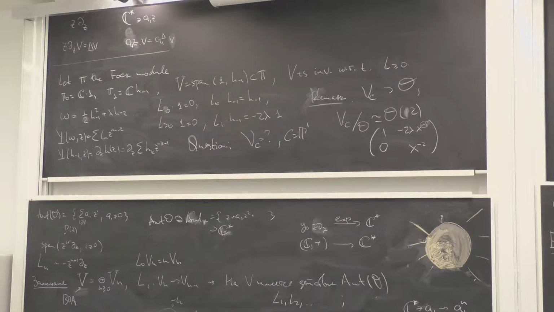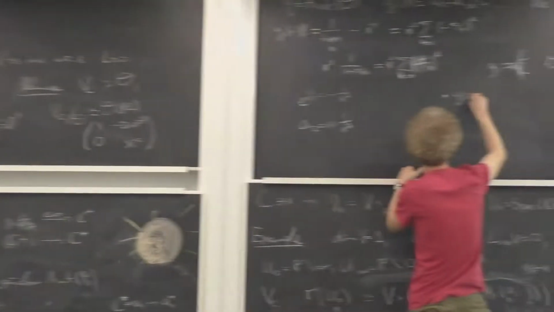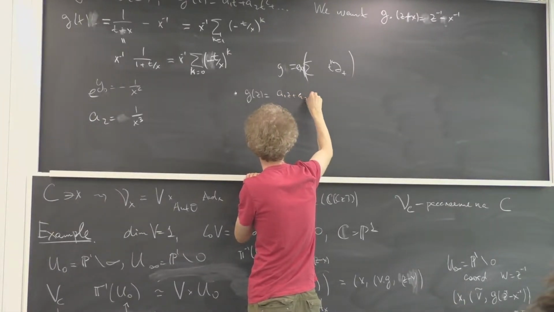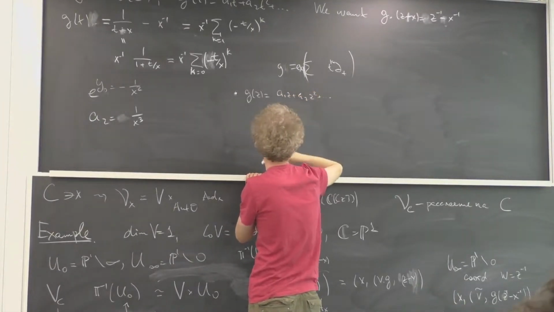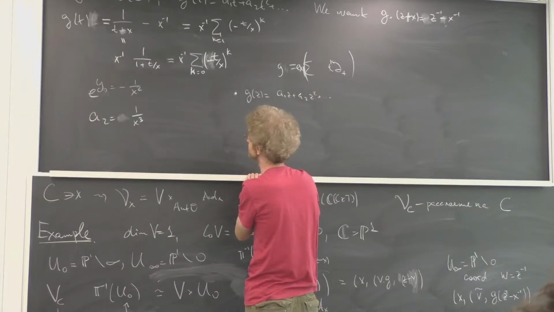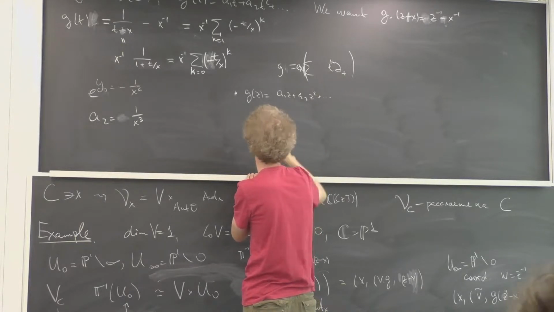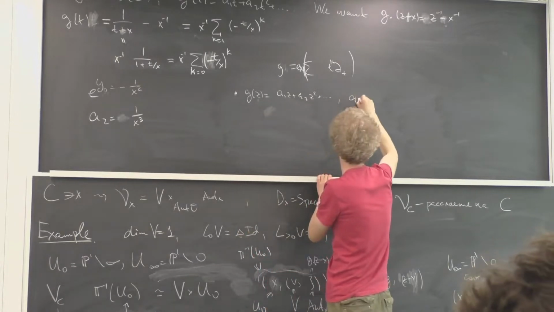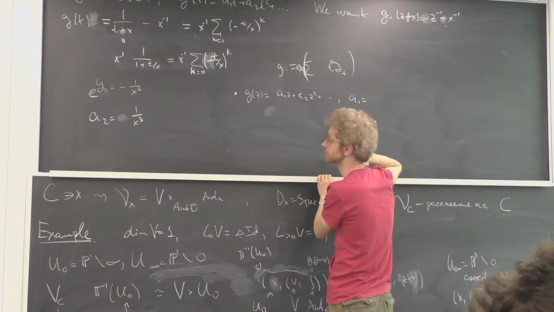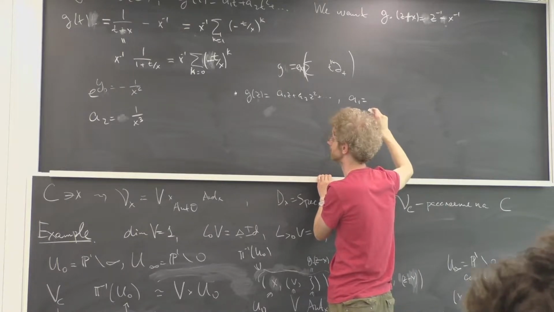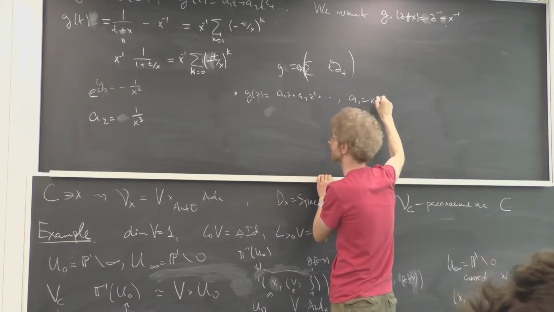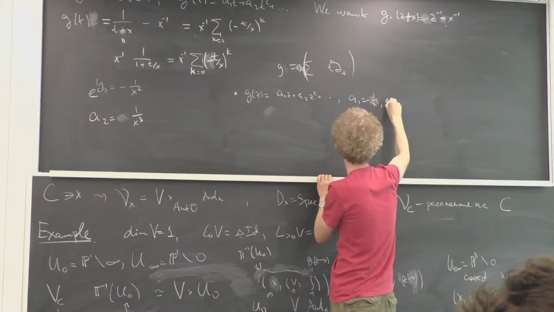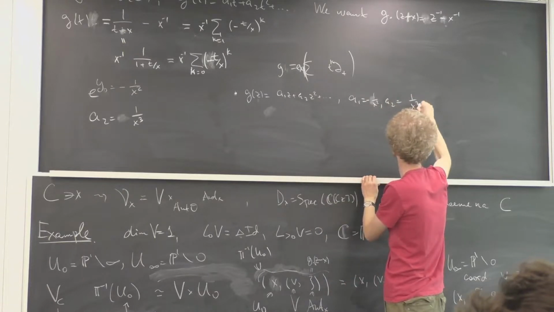So we have our g, which is a1 z plus a2 z squared plus so on. And in our case, a1 is minus x, 1 over x squared, and a2 is 1 over x cubed. Okay?